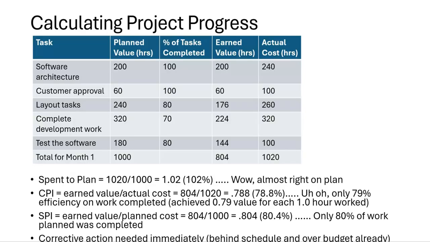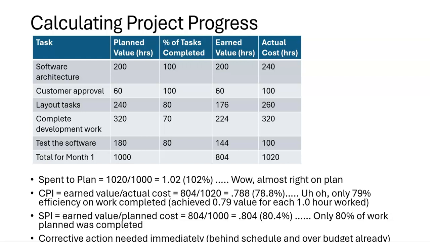And then we showed what we completed percentage-wise of each increment, and the earned value associated with that based on the percentage and the actual cost. So we planned 1,000 hours, we earned 804, and we spent 1,020 hours in labor to get those tasks done.